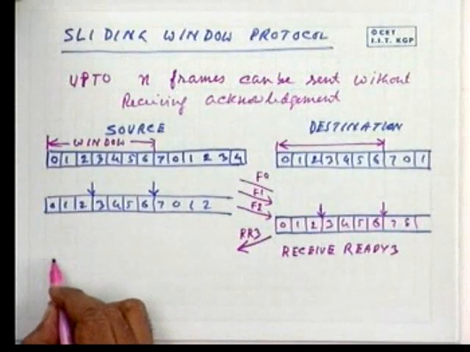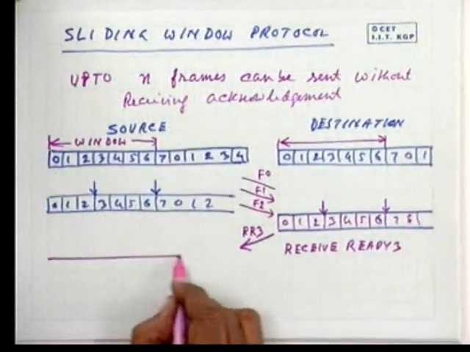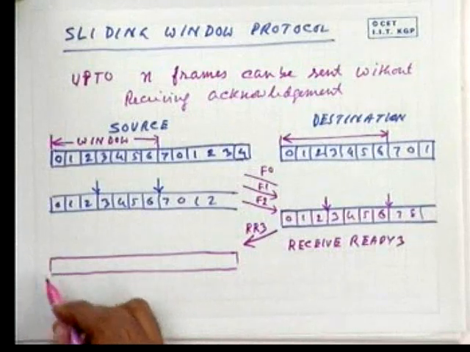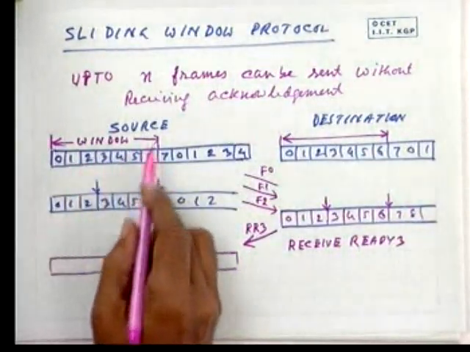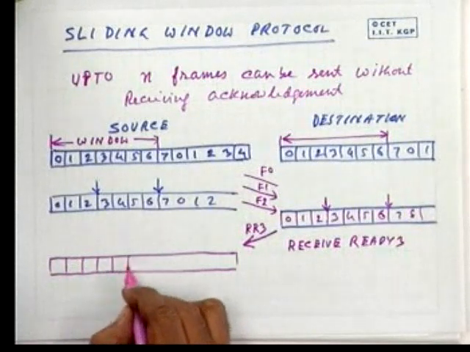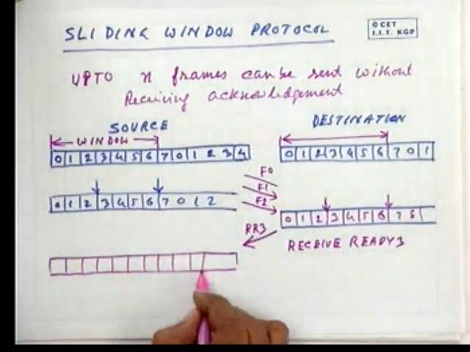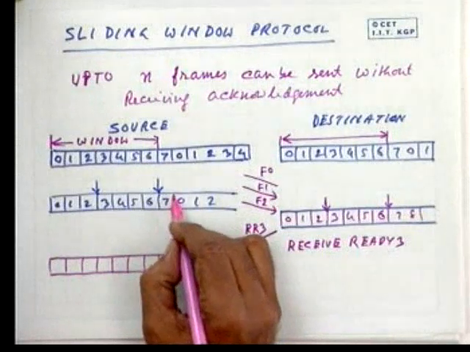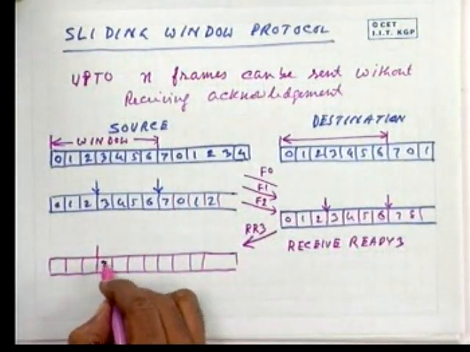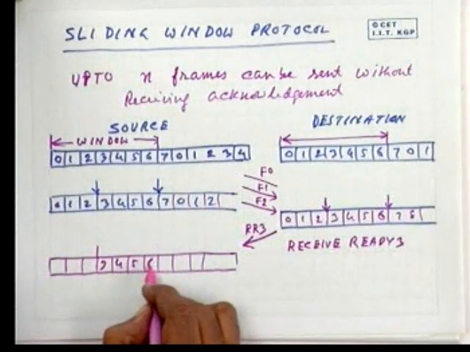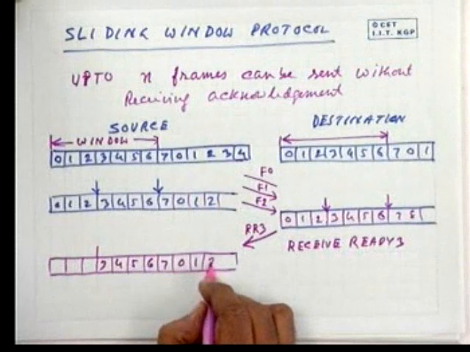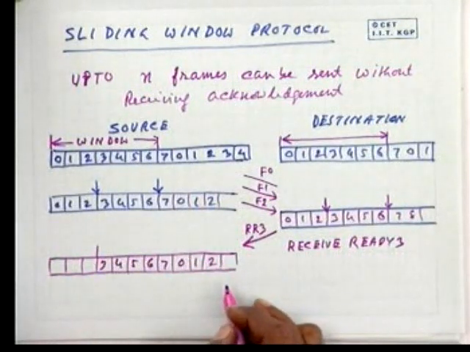Now as the RR3 frame reaches the source node, source station, what will happen? It will increase the window size. 3 is there, 4, 5, 6, 7, 0, 1, 2. Now what it will do?